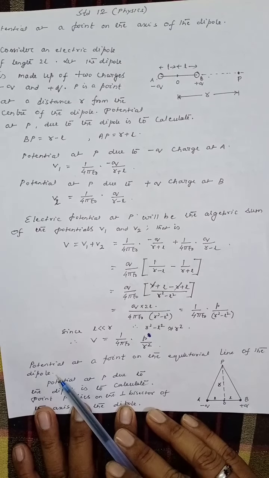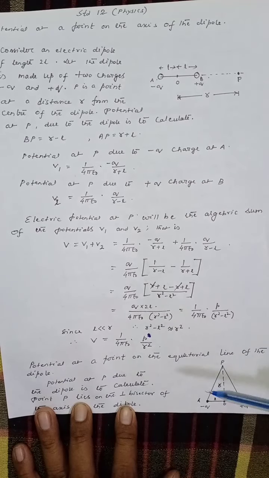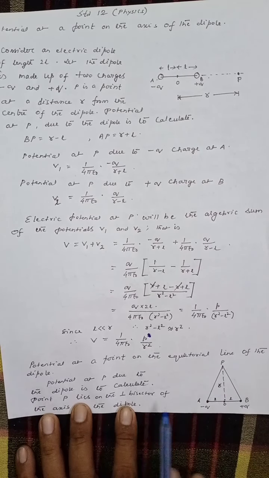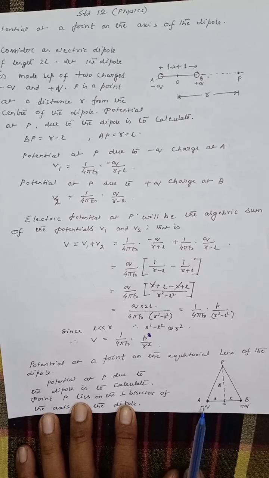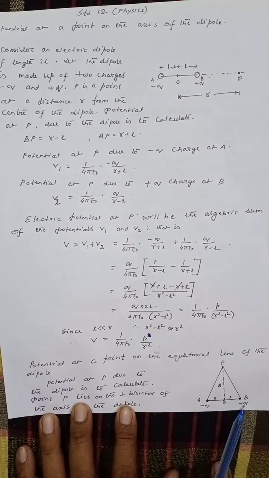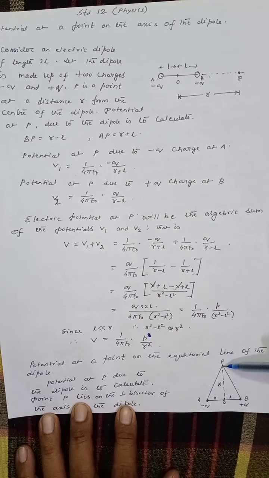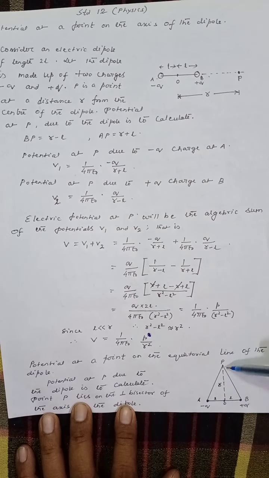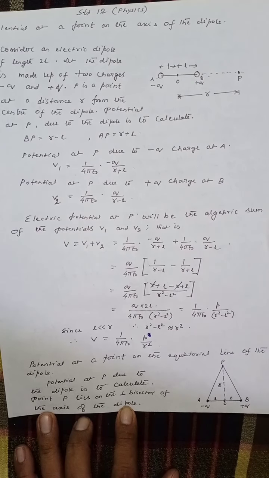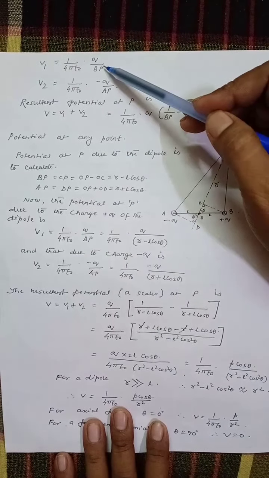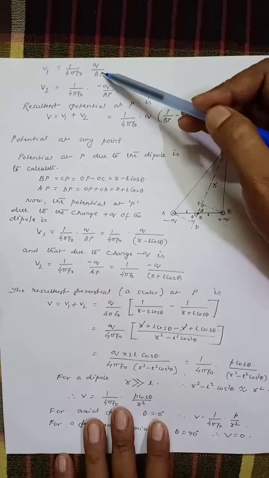Equatorial line means the point must be on the perpendicular bisector of the axis of the dipole. Now consider an electric dipole of length 2L made up of two charges minus Q and plus Q. P is a point on the perpendicular bisector of the axis of the dipole where we have to calculate the electric potential. Both the distances BP and AP are equal.